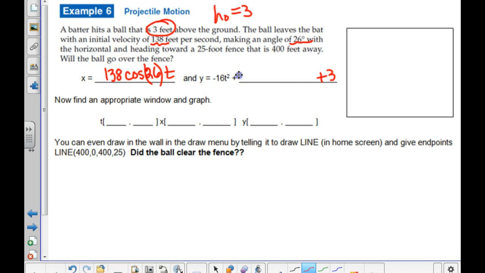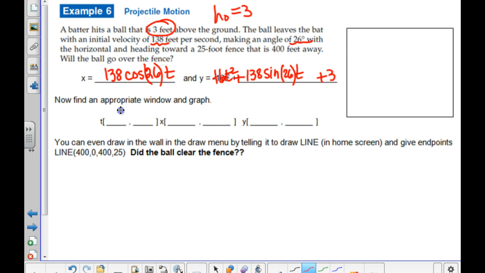26t. And back here, it's negative 16t squared plus 138 sine of 26t plus 3. All right, appropriate window.